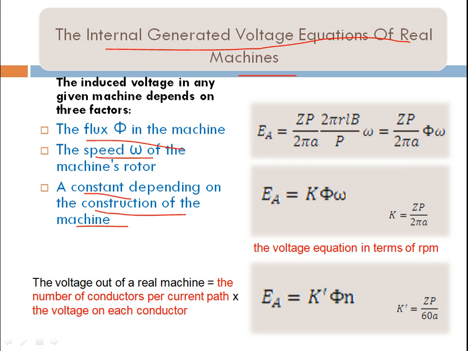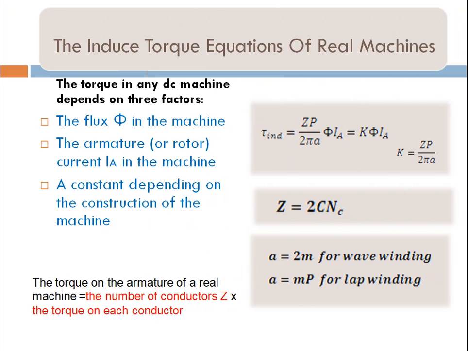You can see here the actual equation. E_A equals Z p by 2 pi a, into phi into omega. The voltage out of the real machine is the number of conductors per current path times the voltage of each conductor. You can see that equation.